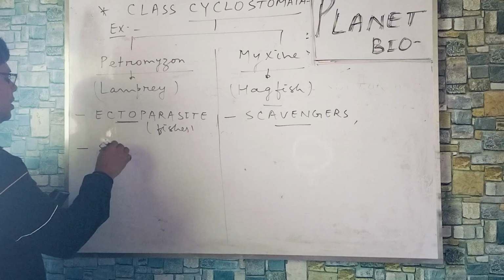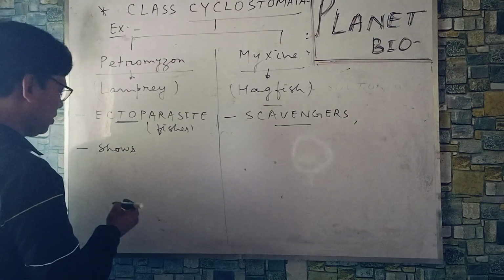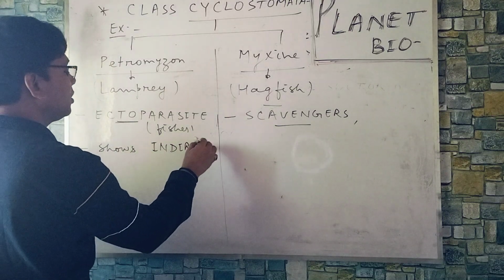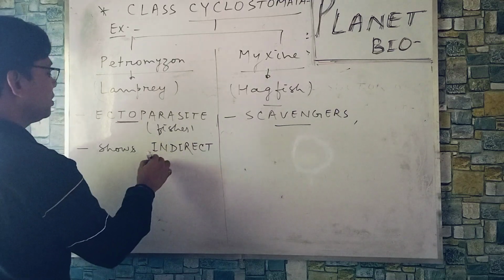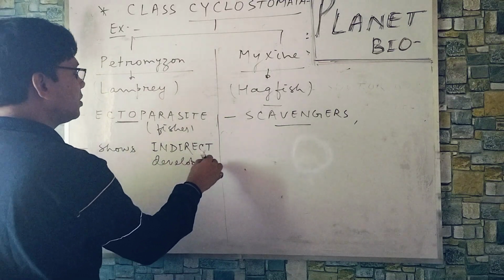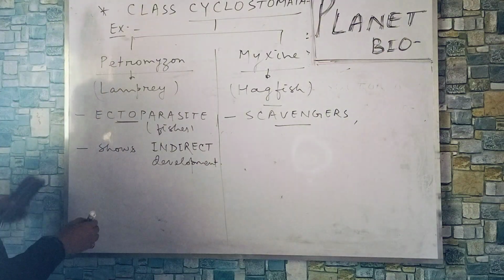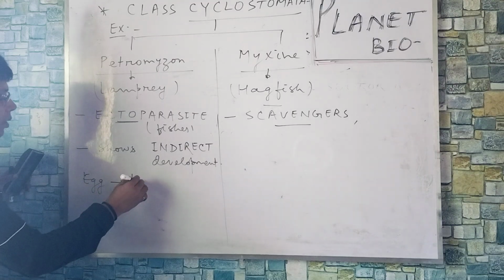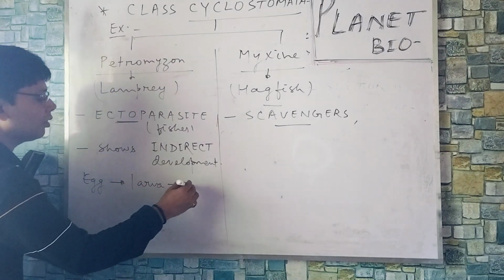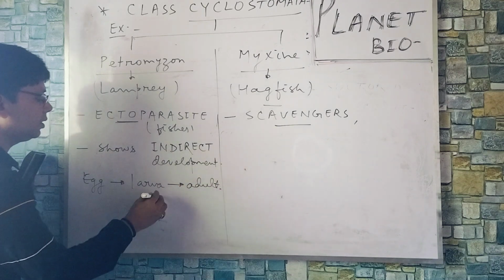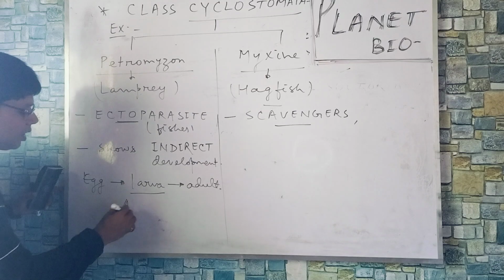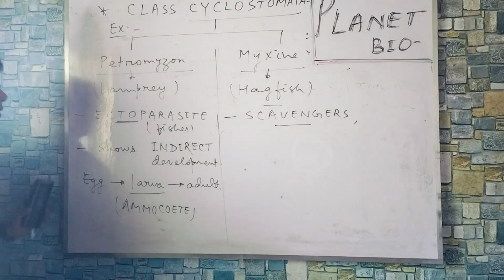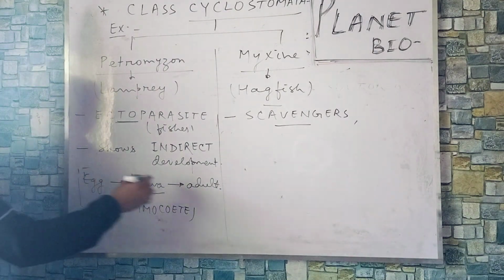Next point. Petromyzon shows indirect development: the egg develops to form a larva and the larva further develops to form an adult.